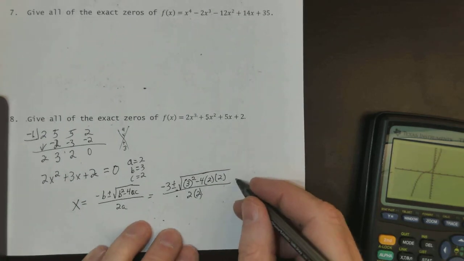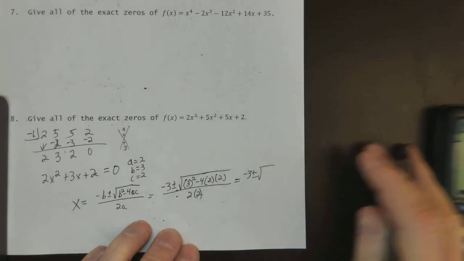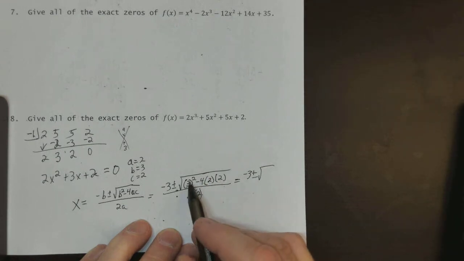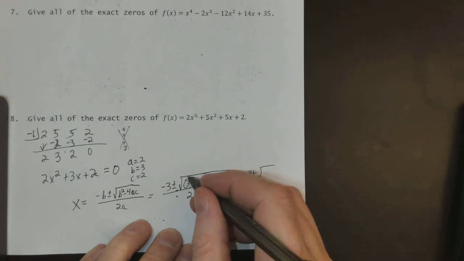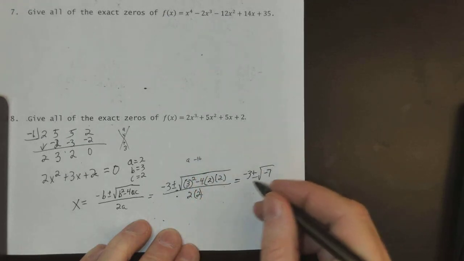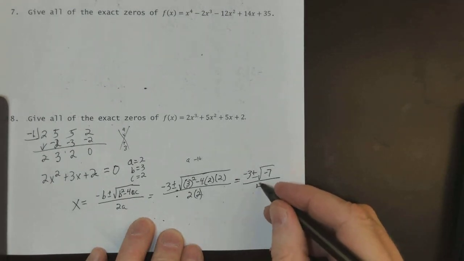All right, that looks like -3 plus or minus the square root of, this is 9, 4 times 2 is 8, 8 times 2 is 16. This is 9 minus 16. So that is negative 7. All right, well, that's why none others showed up, because that's not going to be real over 4.